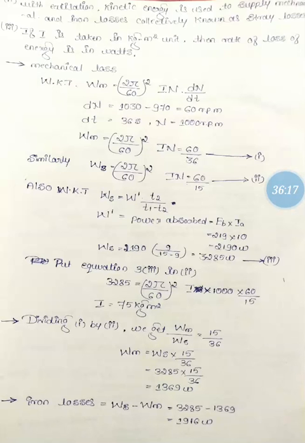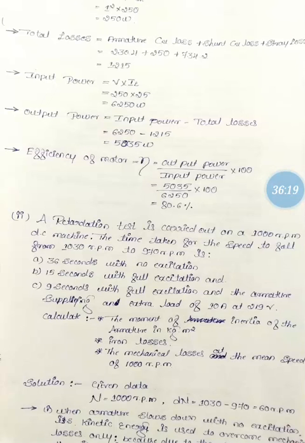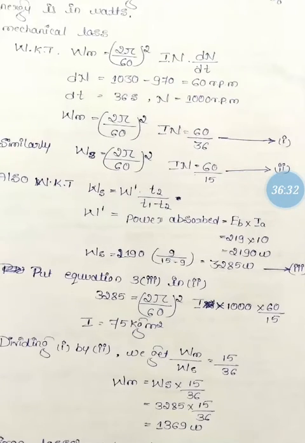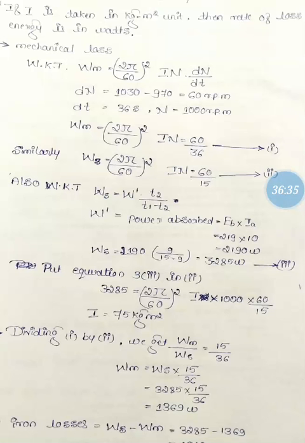First, we have 36 seconds with no excitation. It means there is no iron loss, and we consider only the mechanical losses. The mechanical loss can be calculated using the equation Wm equals (2 pi divided by 60) whole square times I N dN by dt. This formula we discussed in the last video on the retardation test on the DC motor.